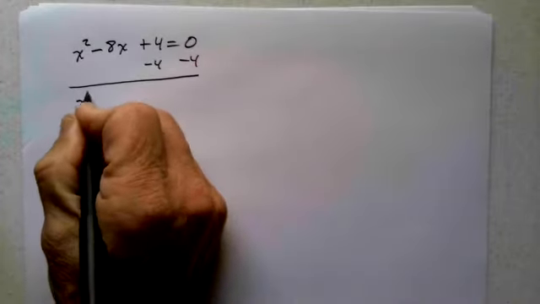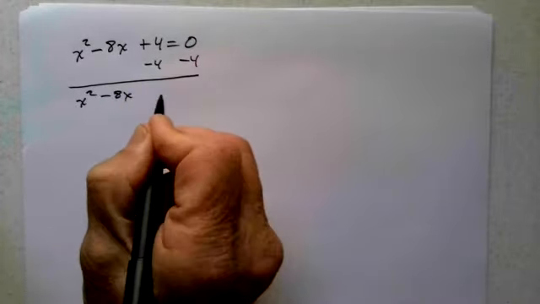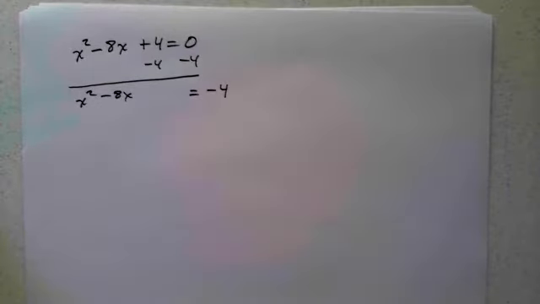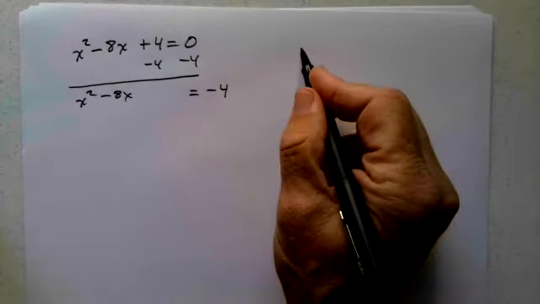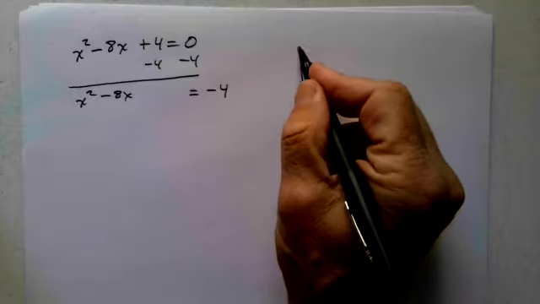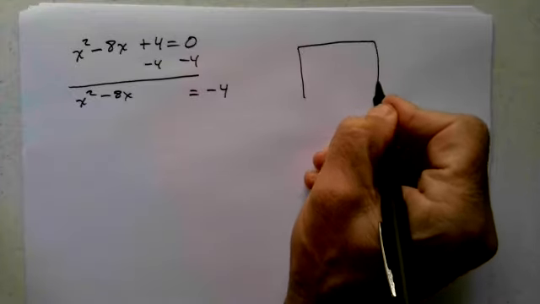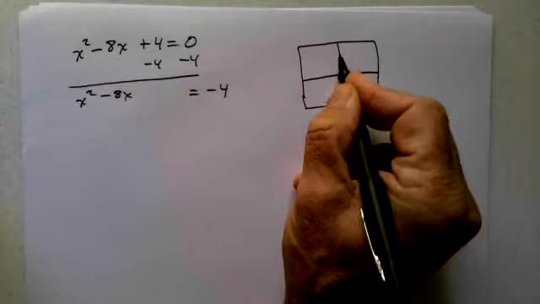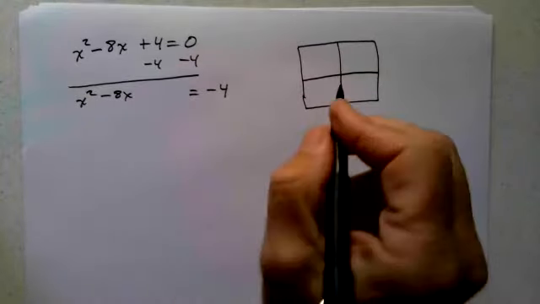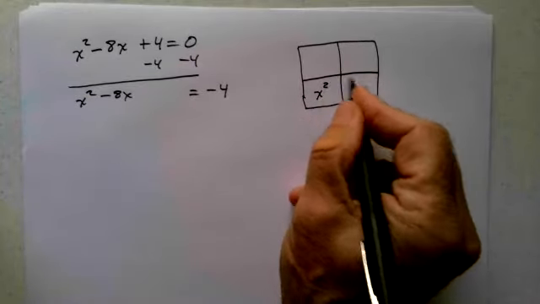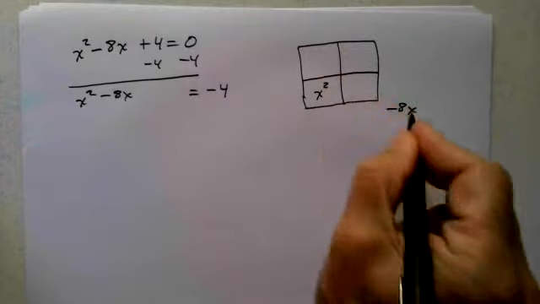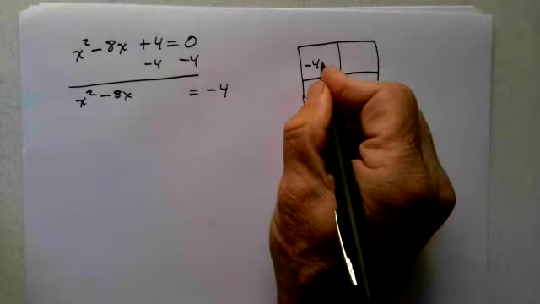Now we get x squared minus 8x equals -4, and I want to complete the square. How do I do that? What is my strategy for completing the square? The leading coefficient has to be 1. It is, it's 1x squared. These two middle terms add up to -8x, so they're each -4x.